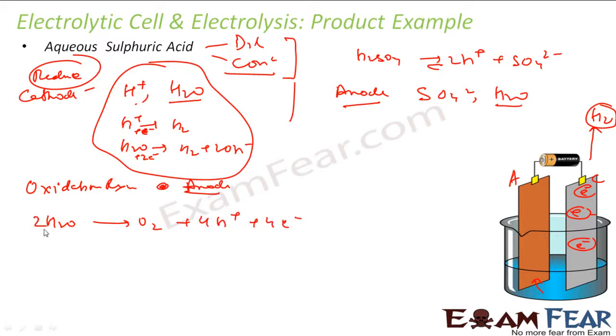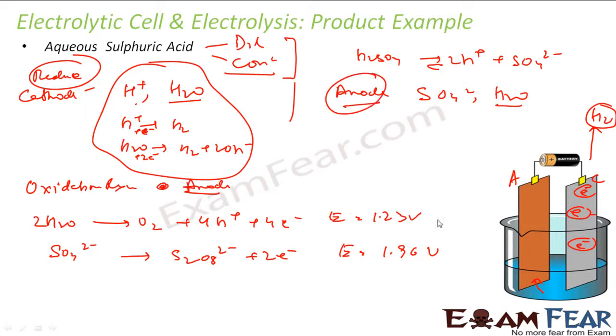And for this the E will be 1.23 volt. Another case is SO4 2 minus. It becomes S2O8 2 minus and gives 2 electrons, and this E is 1.96 volt. Now you see there is almost a tie, but there is an anode and there is water, and oxidation of water will not be 1.23 volt, it will be 1.8 volt. Correct?